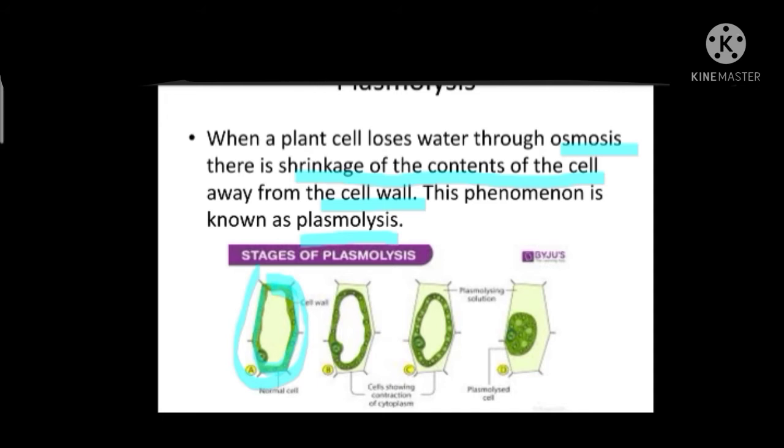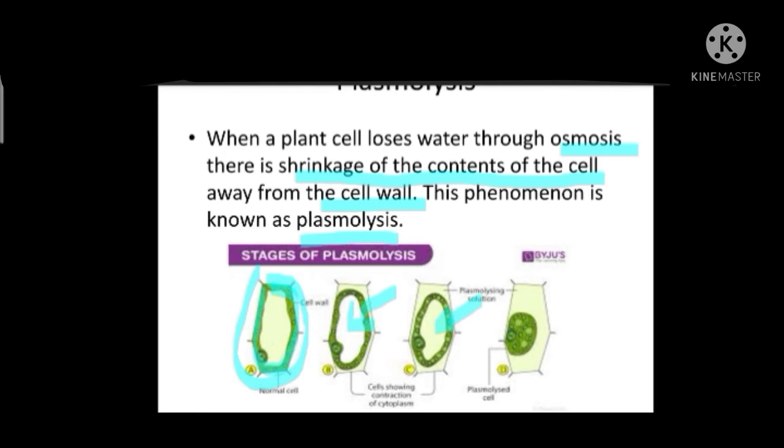Now, when this cell is kept in this hypertonic solution, you can see slowly the contents of the cell are moving away from the cell wall. Here also you can see that the cell wall can be seen clearly. But if you see the first picture, you cannot differentiate between the cell wall and the protoplasm. Both are attached together, isn't it?